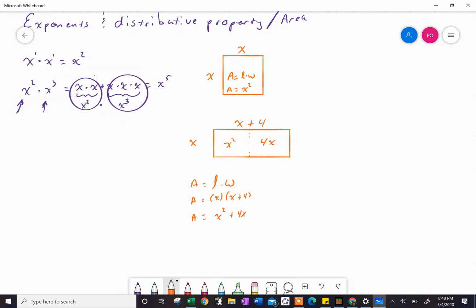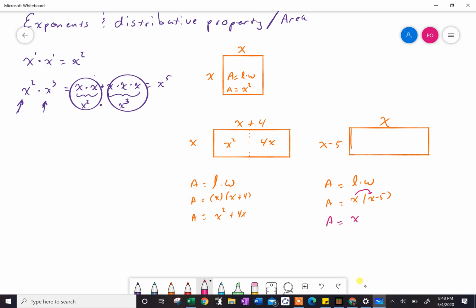You could do, here we go, let's say that this was x, and this is x minus 5. Well, now my picture looks a little bit differently, and it's going to be a little bit harder to draw, but I could still just say length times width. Now I can say my length is x, and my width is x minus 5, and once again, I'm just distributing.